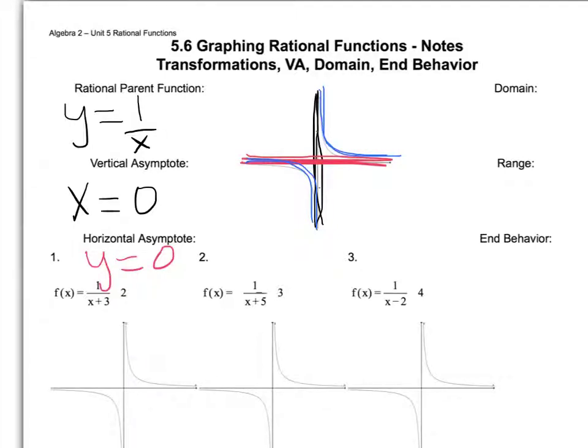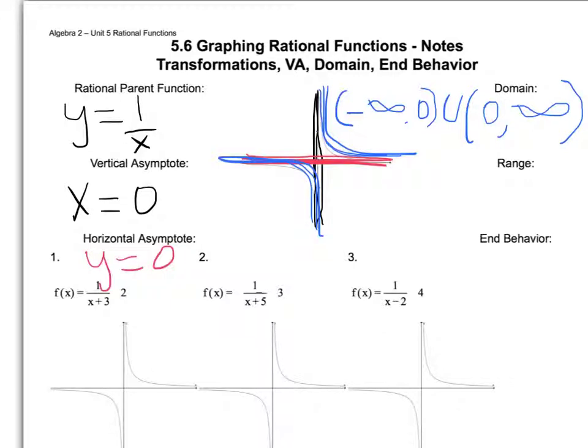So what you're going to want to do is, because it is continuous, go from negative infinity to 0, and you're going to put parentheses and not little brackets, because it doesn't include the 0, and union, that's the little u, parentheses, because it doesn't touch the 0, positive infinity, and you're done with the domain, which is the x, right? Which is the x thing right here.